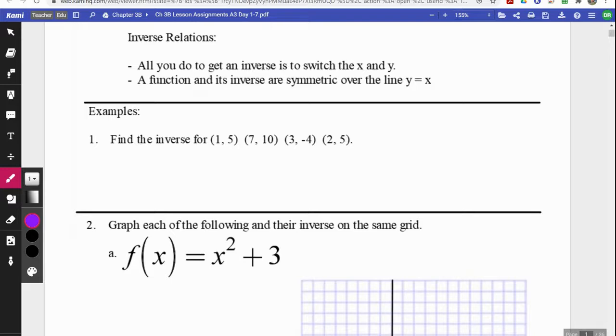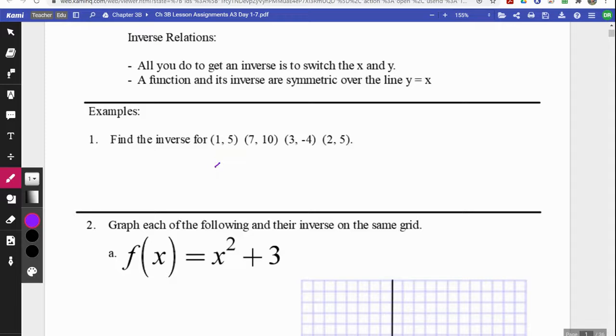All we really need to do, just as an overview, to find the inverse of a function or of a graph is to swap the x part of the coordinate and the y part of the coordinate. So if these points in example 1 are the points of something that you could graph, all we would do is swap them.